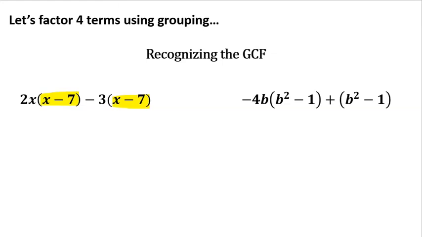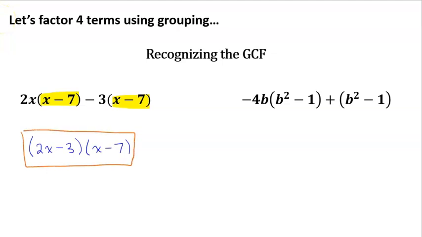So we have 2x being multiplied by x minus 7, and then we have negative 3 or minus 3 being multiplied by that x minus 7. So to write it in factored form, we're just going to do 2x minus 3 and then x minus 7. And that's it.